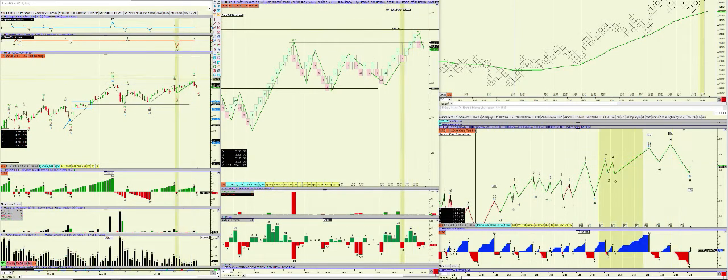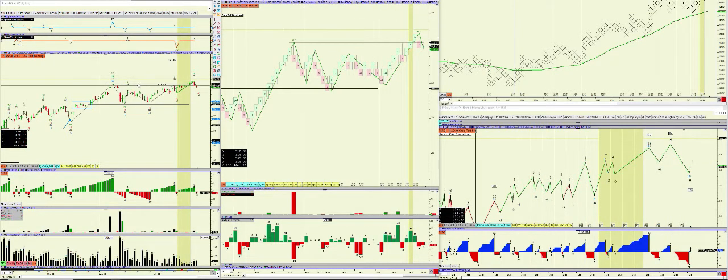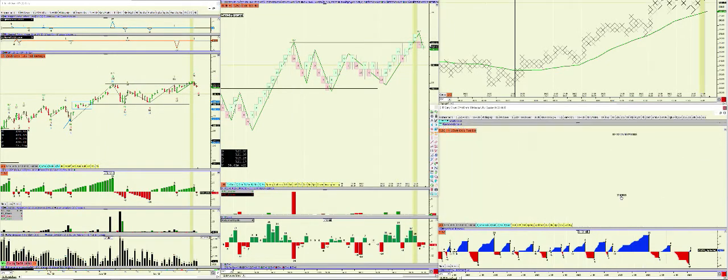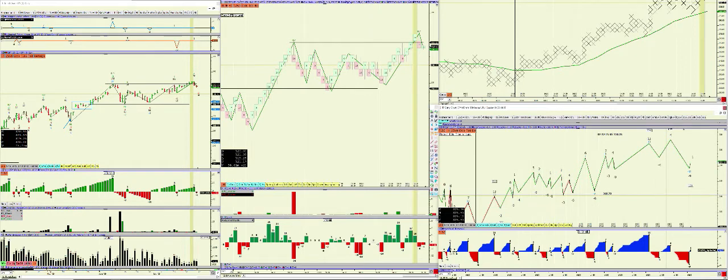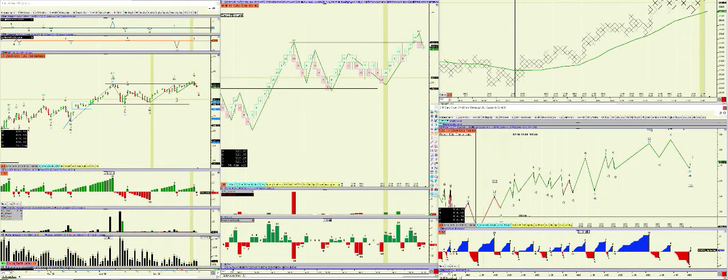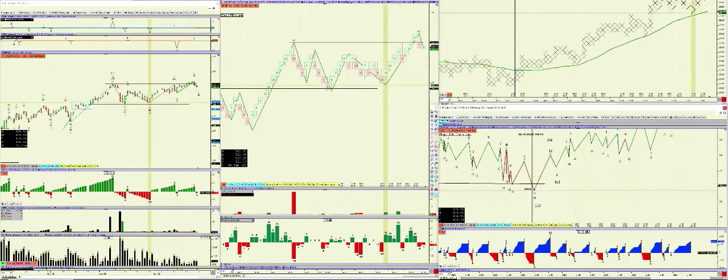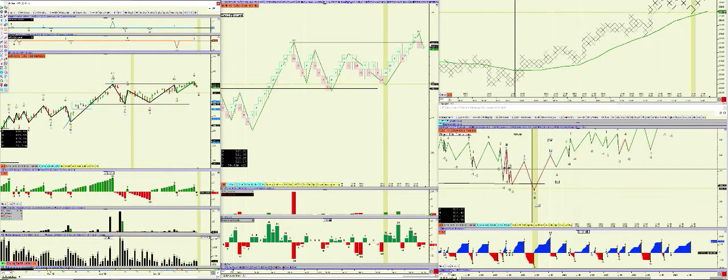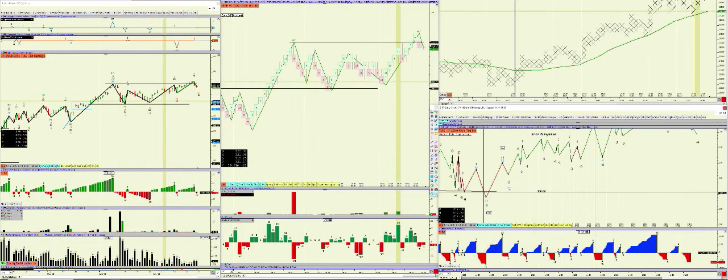So here's my point. We're at an edge, and what is the lower time frame saying? Okay, now here's the point. We had a change of behavior from this low on the daily chart, from the support to the resistance. How did the market move?